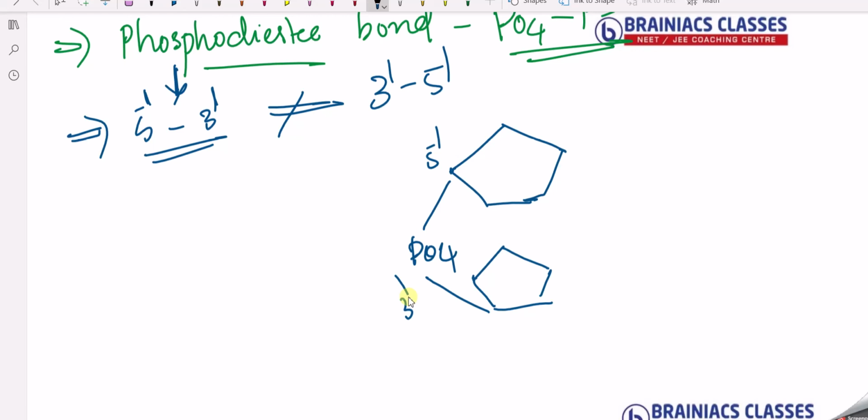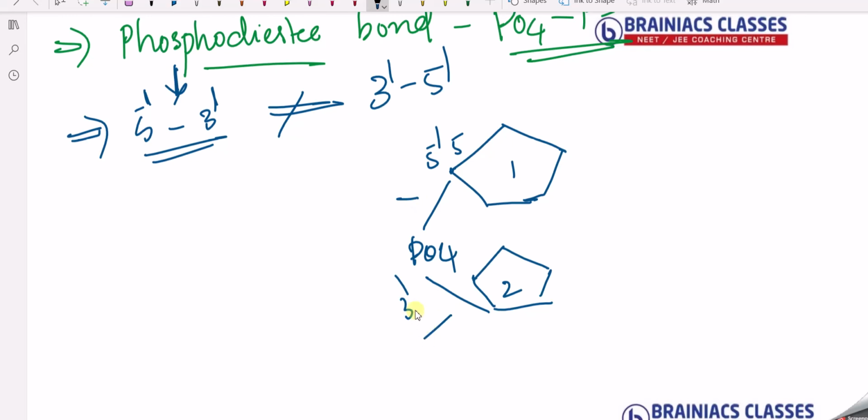Understand the phosphate linkage? This is the fifth carbon atom of the first sugar. If this is the second sugar, there is the bond between the third carbon atom and the phosphate group. This is the phosphodiester bond. This is one ester bond, this is the next ester bond.